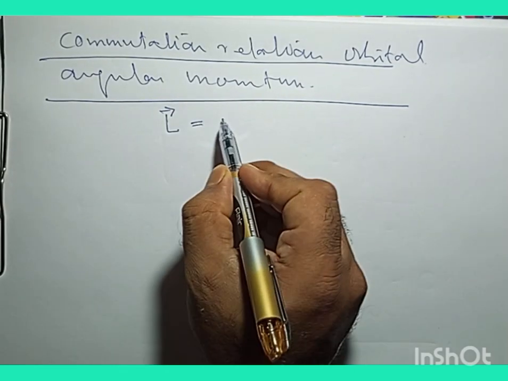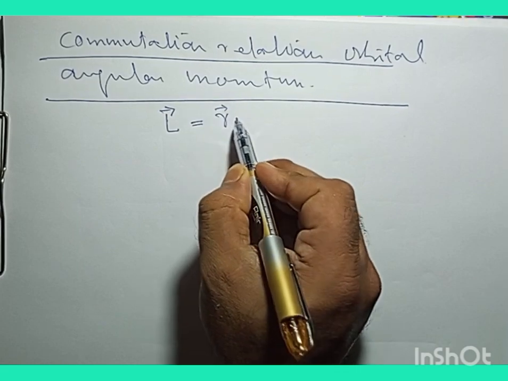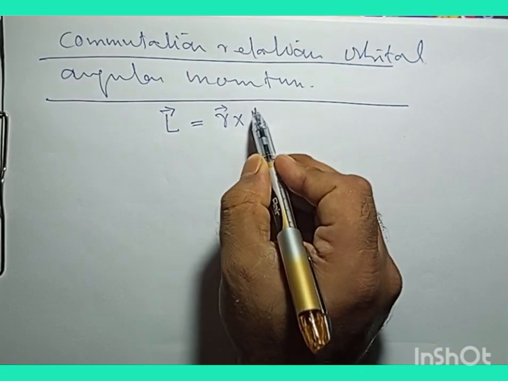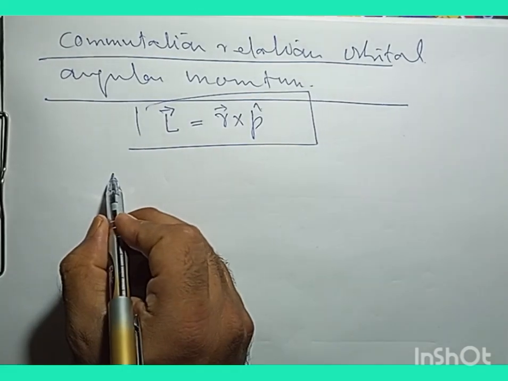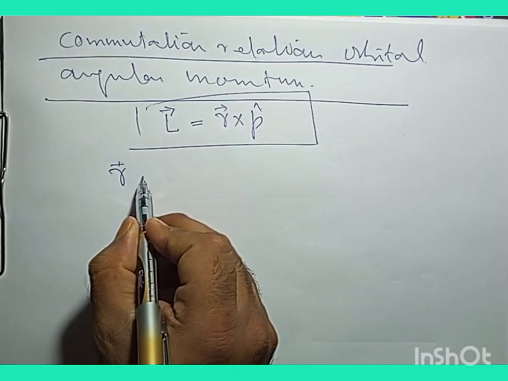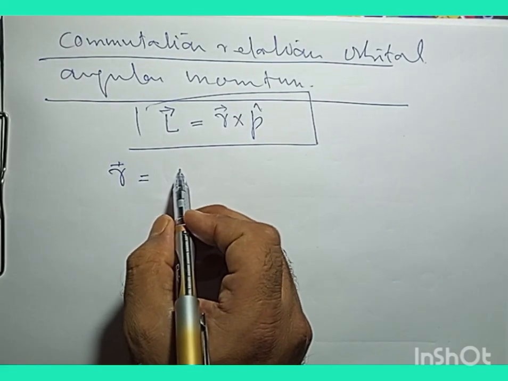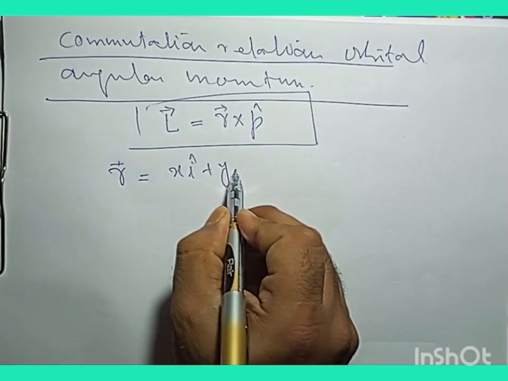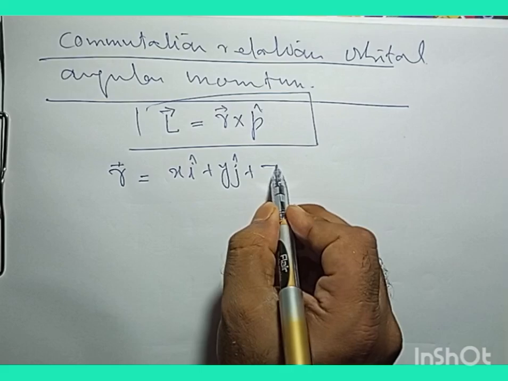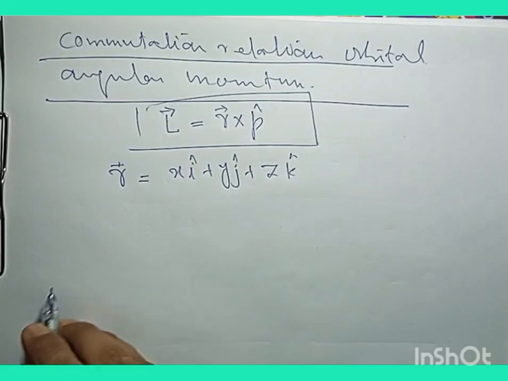It's defined as the cross product of r and the linear momentum p. And we can write down this r as the position vector in terms of Cartesian coordinates as x i cap plus y j cap plus z k cap.